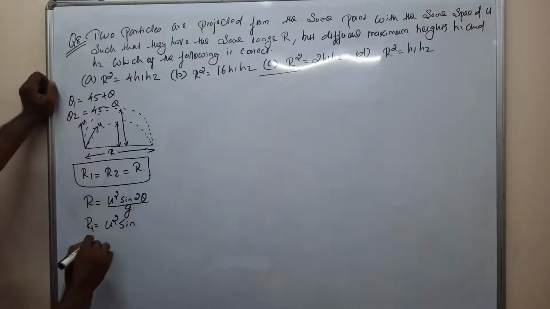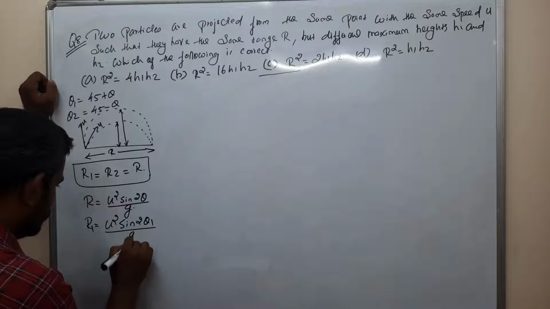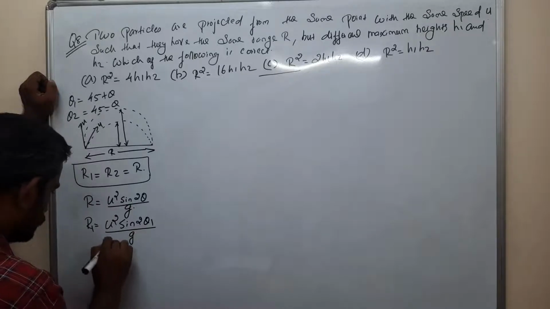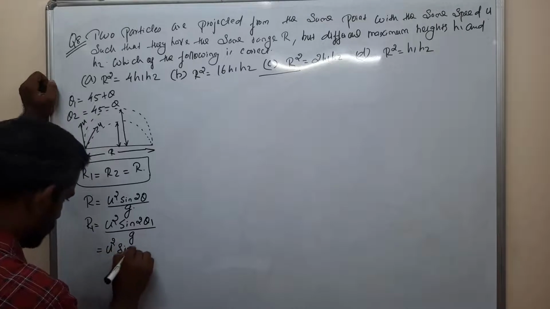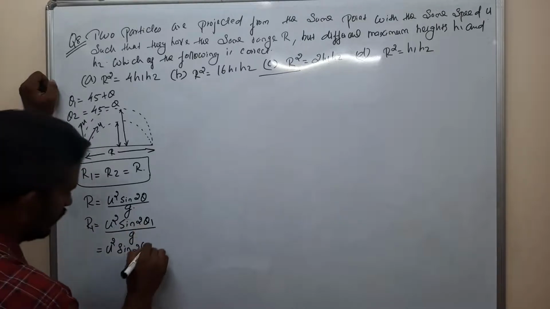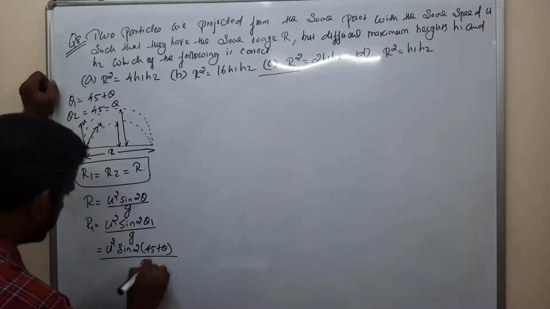This is the general formula. So that's equal to u square sin 2 into theta 1, what is theta 1? That is 45 plus theta, divided by g.